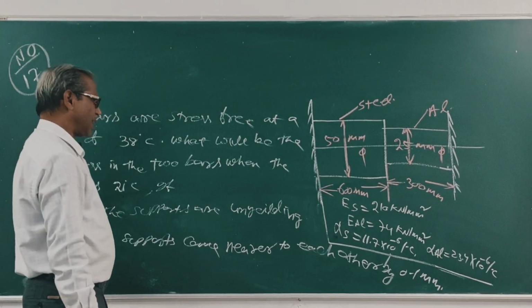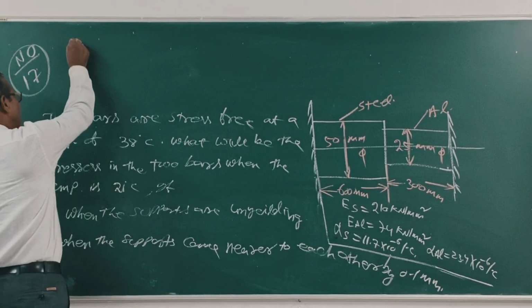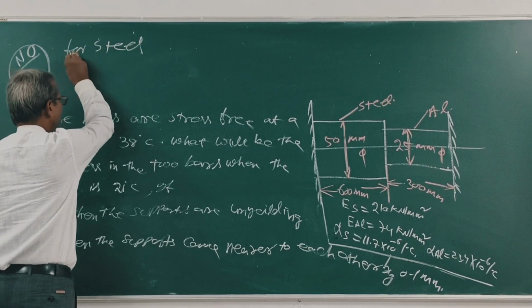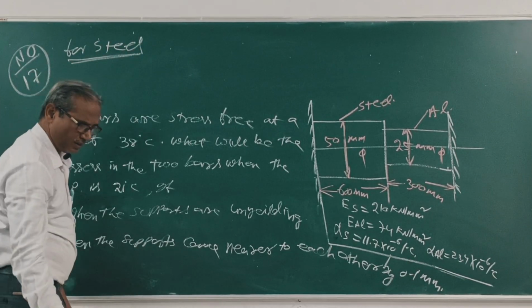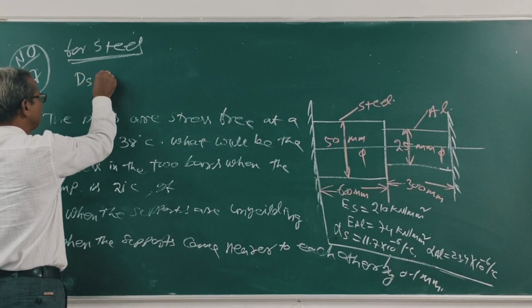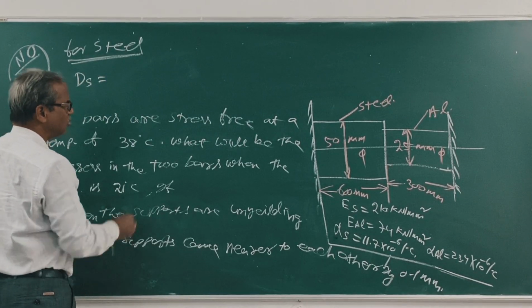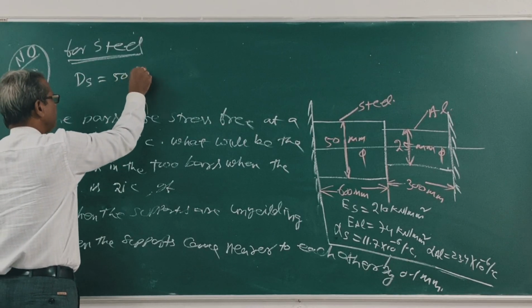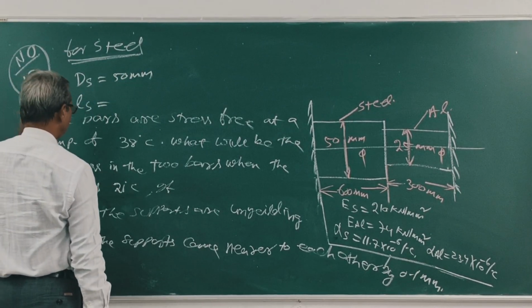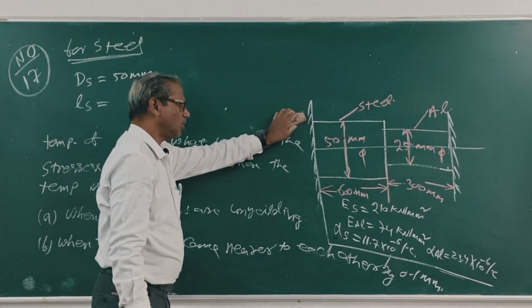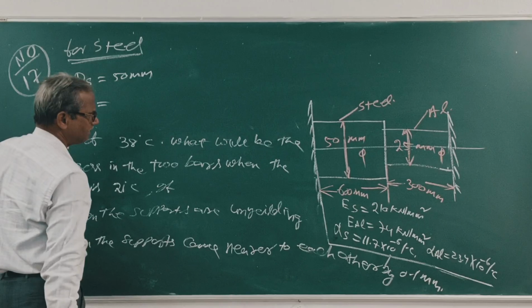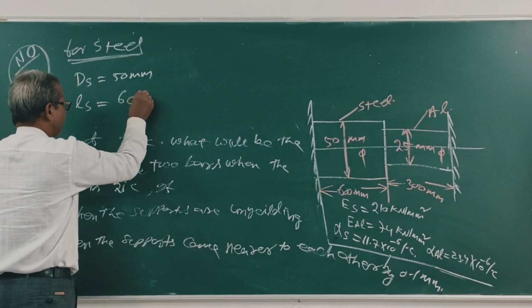First write the given data. Now, for steel, diameter D is equal to 50 mm. Length LS is equal to 600 mm.